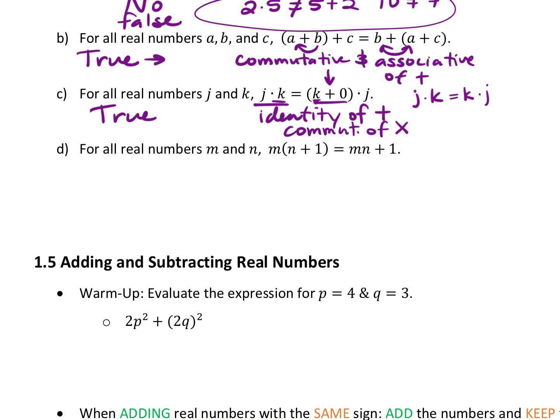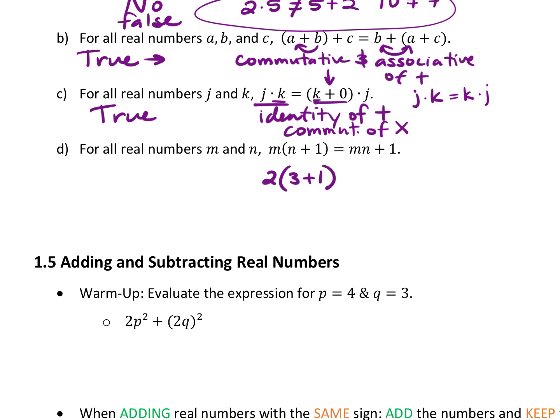For all real numbers m and n, m times n plus 1 equals m times n plus 1. Do you have a counterexample if it's false? Because you can't do plus, because the n will also have to add to the 1. Did you use numbers? Yeah, m is 2, n is 3.